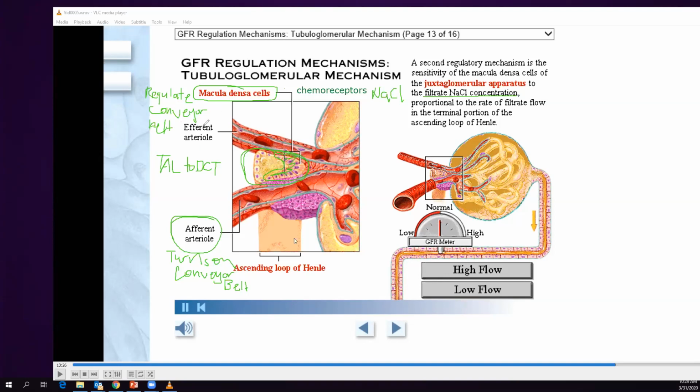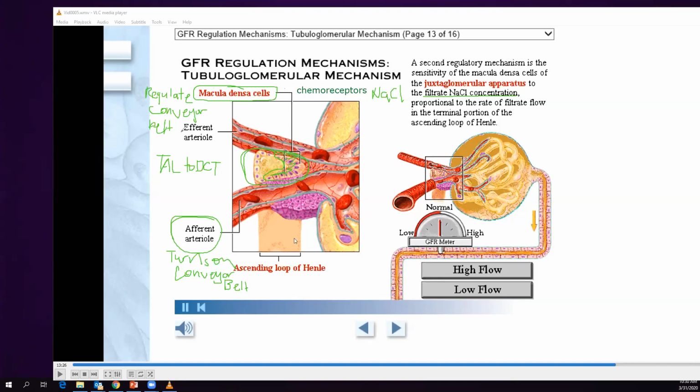So we start with the afferent arteriole, and we adjust with the macula densa. We decided based on what the pressure coming in was. The afferent arteriole already figured that out, and then we inspected the product and made any fine-tuning adjustments that we need to do.